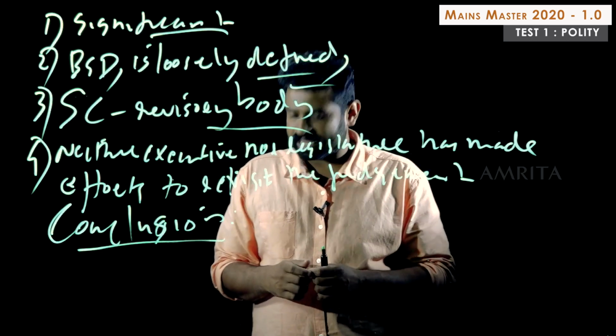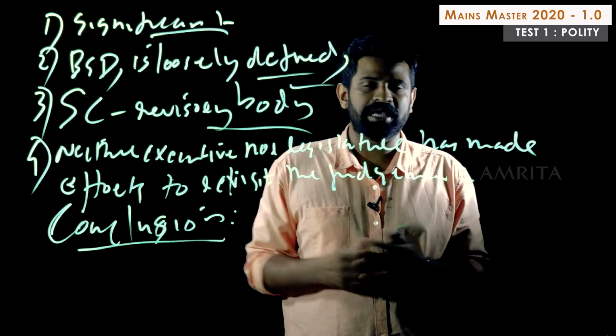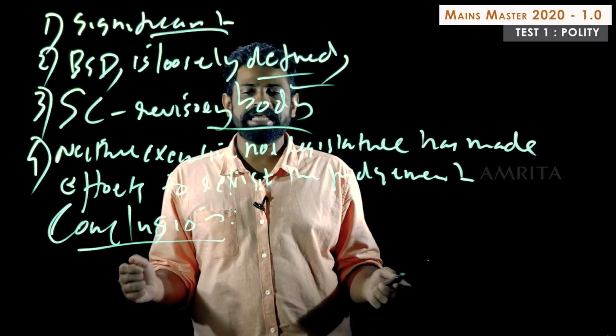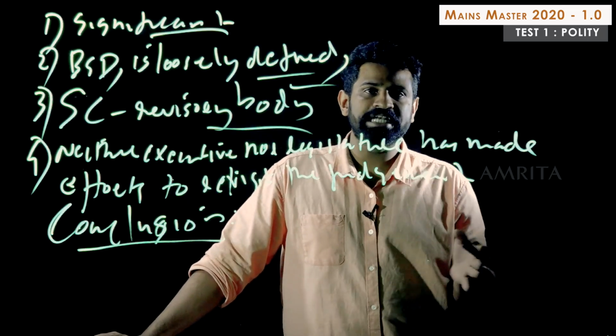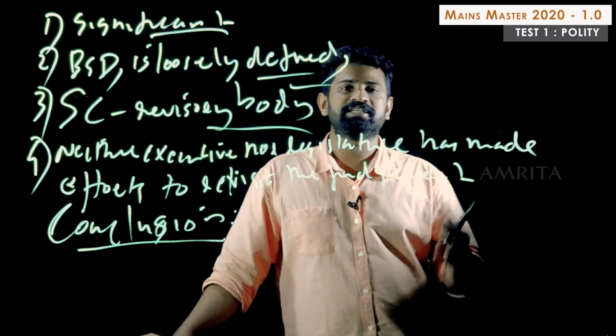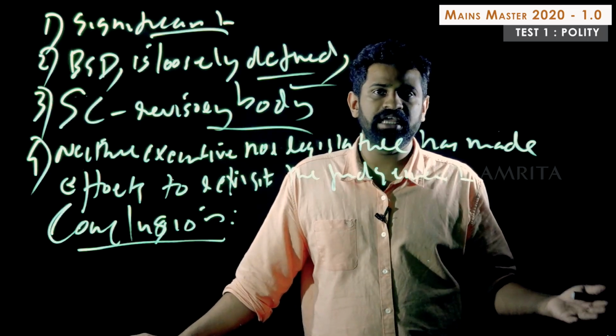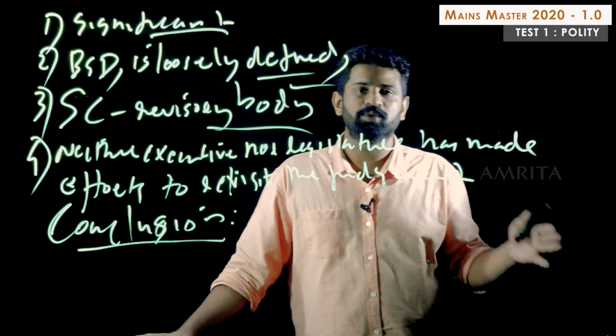what you have to see is that if you see the genesis of basic structure doctrine, you could see that it was never the Supreme Court's intention to stall the progress of the Indian Constitution, but it was an attempt to save the Indian democracy from a majoritarian government. Okay, so that is one conclusion you can say.